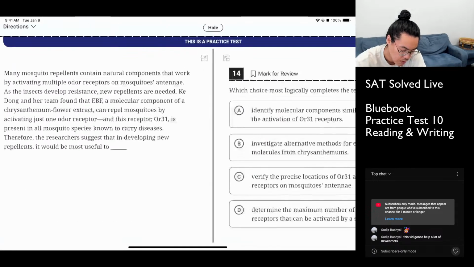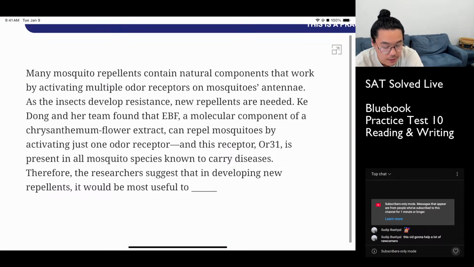Okay, moving on. 14, we have repellents with components which activate receptors on the mosquitoes. When insects develop resistance, we need new repellents. Okay? Kedong and her team found that EBF can repel mosquitoes by activating just one receptor. So EBF leads to OR31 activated.